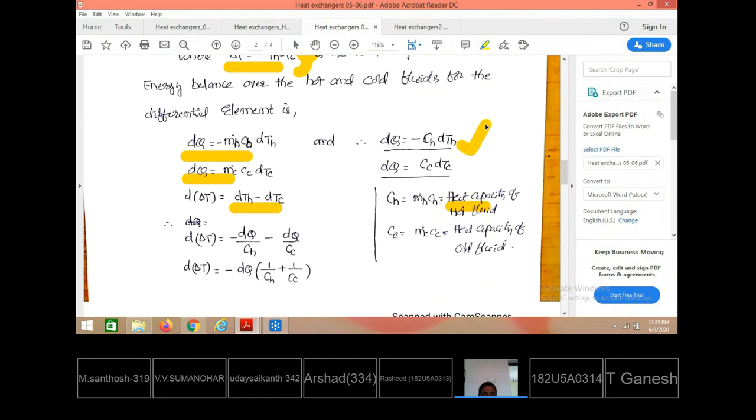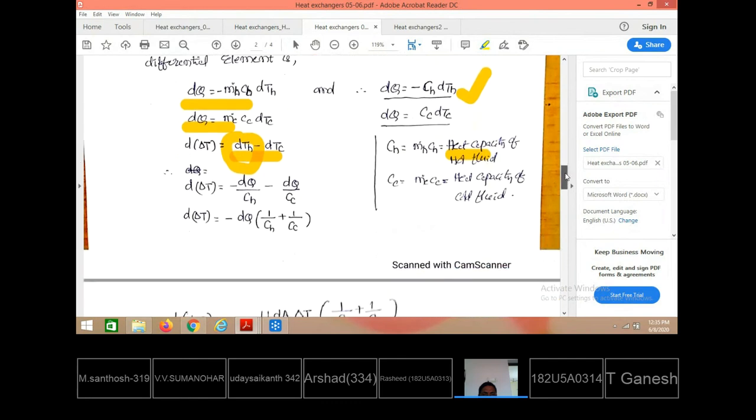Now from this relation, dTh can be written as dq by minus Ch. Then minus dTc, from this relation, is dq by Cc, so minus dq by Cc.